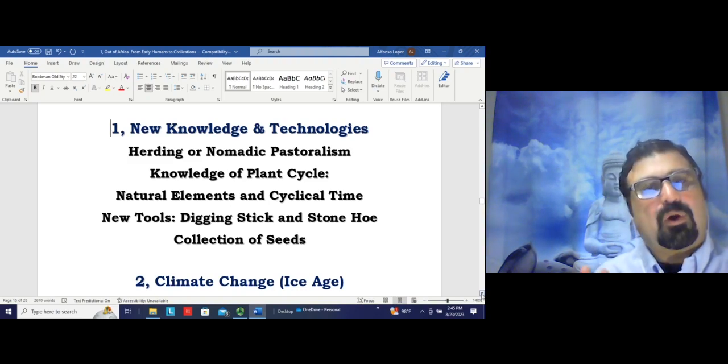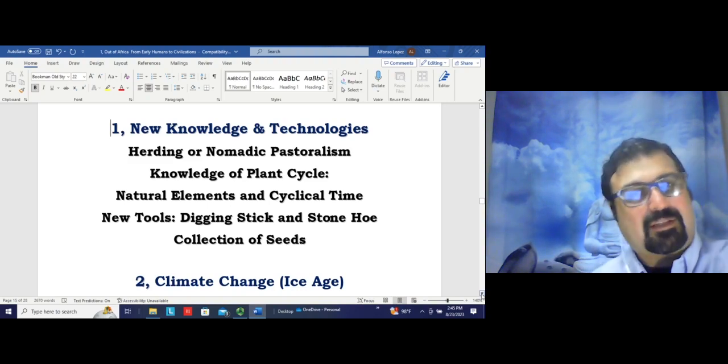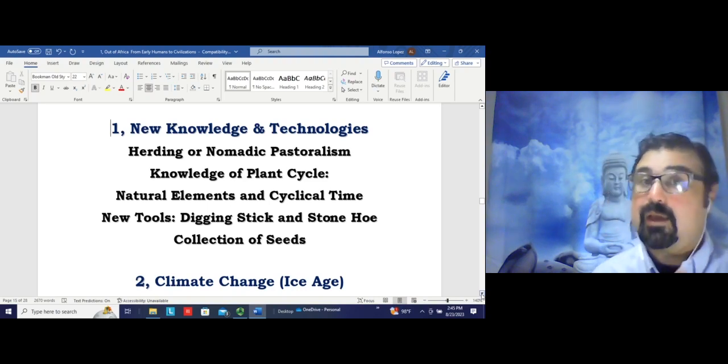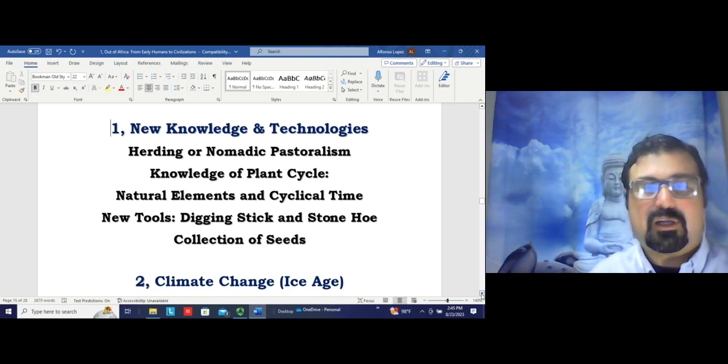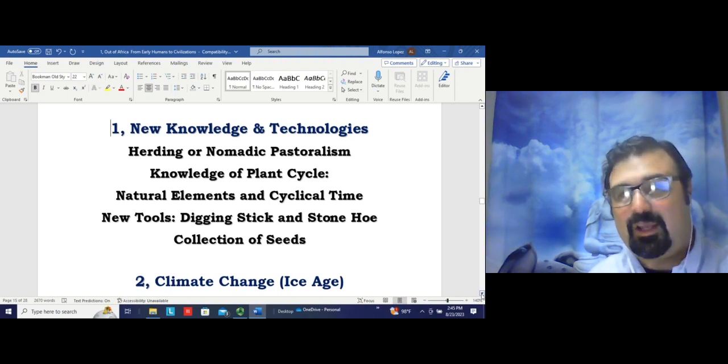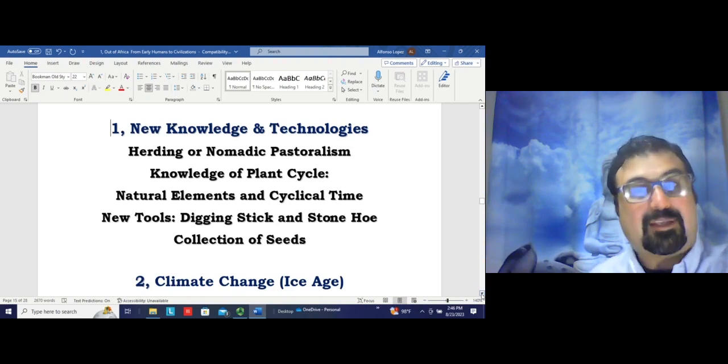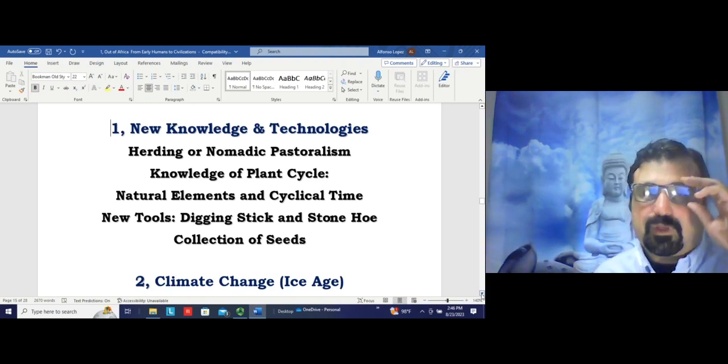So women were more in contact with the plant kingdom. Men were more connected with the animal kingdom because they were the hunters, if you will. So they developed herding. But women were more connected with the vegetable or plant kingdom in this case.